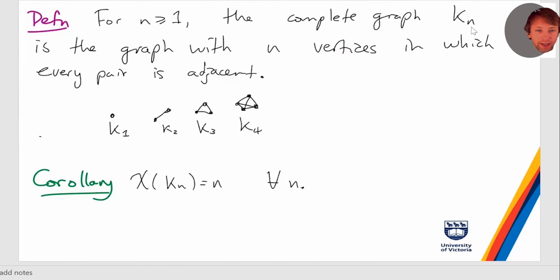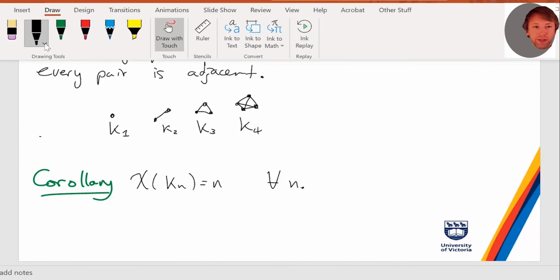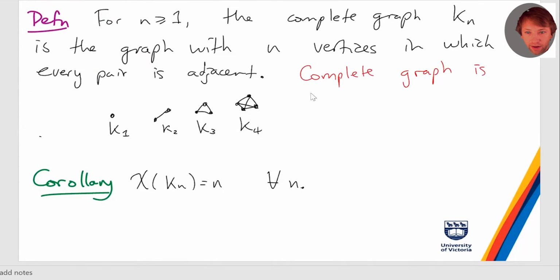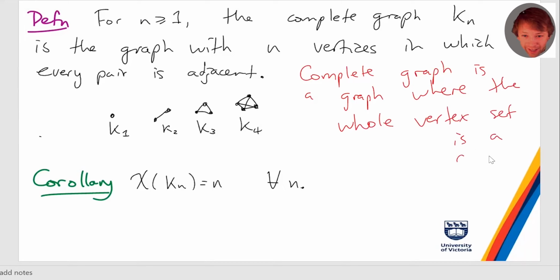For n at least 1, the complete graph Kn is the graph with n vertices such that every pair is adjacent. Remember, we saw this definition of a clique before. A complete graph is a graph where the whole vertex set is a clique, a set of vertices that are all pairwise connected with edges.